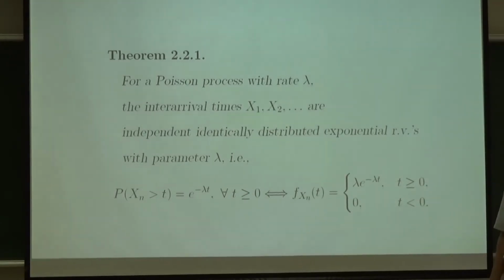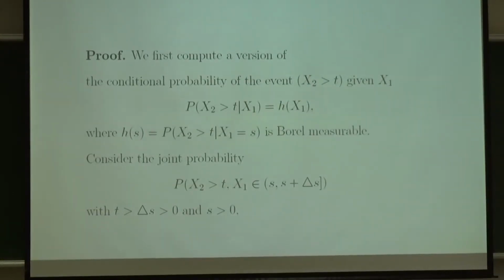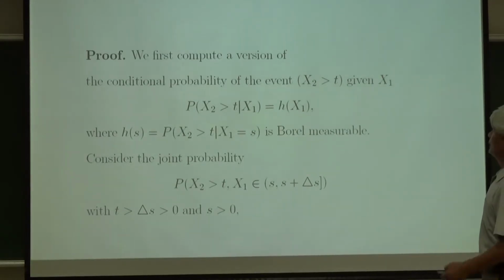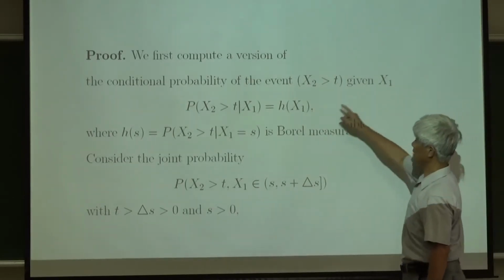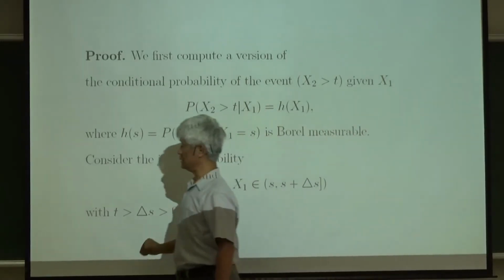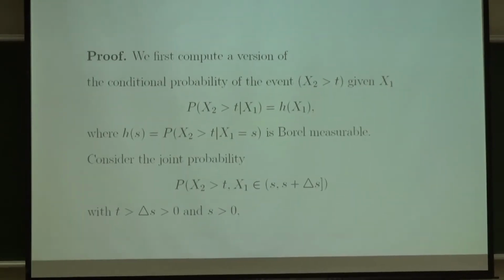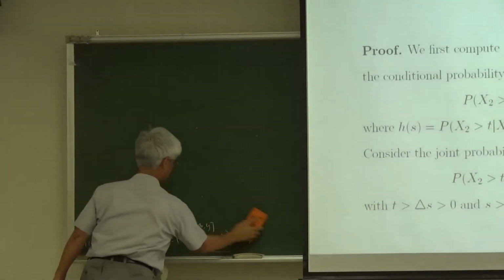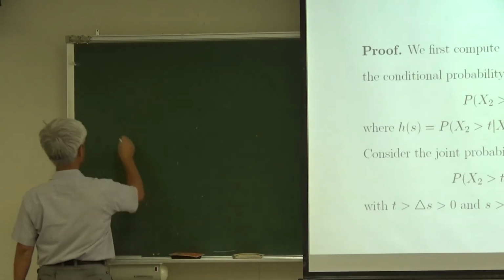Now, so we can go for the approach. First of all, we compute a version of the conditional probability of the event given x1. What is x1? x1 is the first interval time, and x2 is the second interval time.